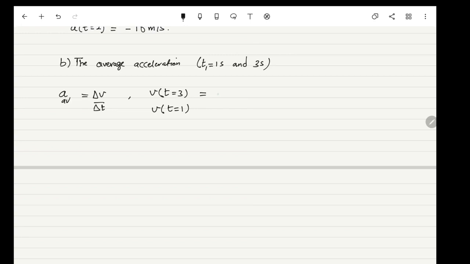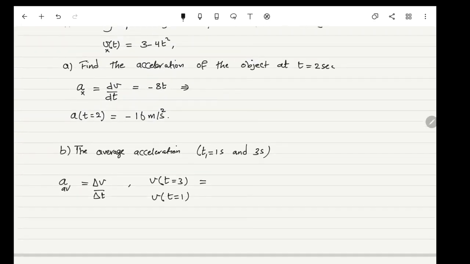So v when t equal to 3 seconds, back to the equation here, it's 3 minus 4t square. So it's equal to 3 minus 4 times 9, which equals, in this case, minus 33 meter per second.